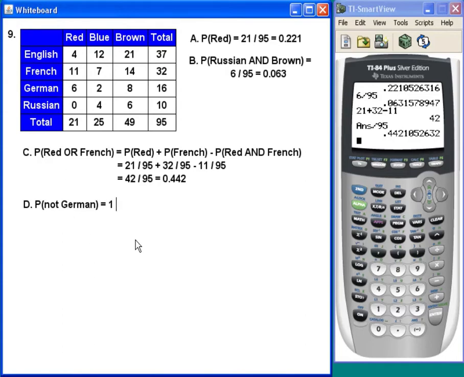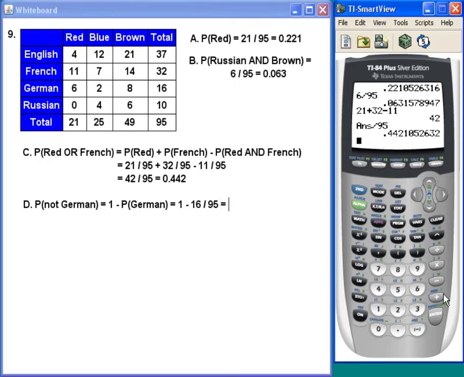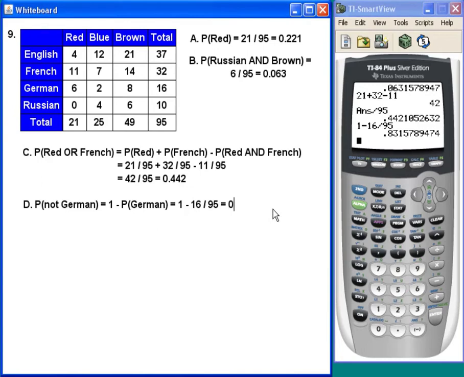Another way is to do 1 minus the complement of the event, so 1 minus the probability that the author is German. And that would give us the same result. This would be 1 minus 16 over 95, so we get 0.832 when we round properly.